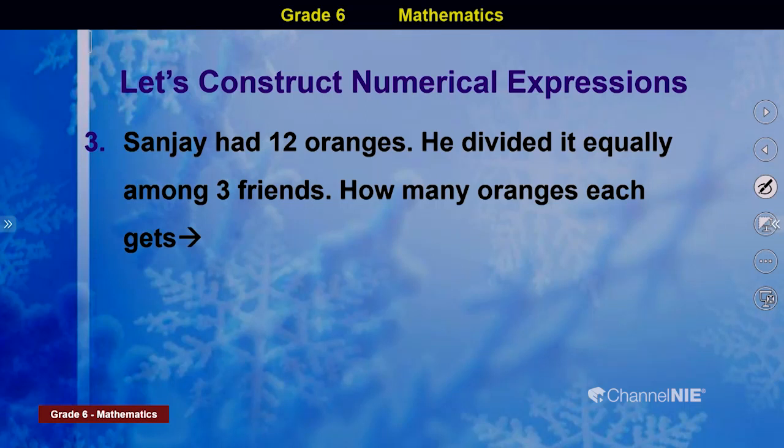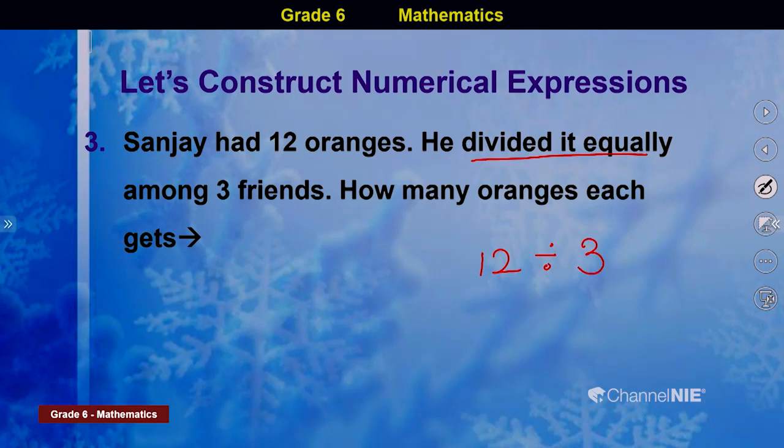Now can you see, children, we have divided equally. Then what is the mathematical operation that we can use? We can use division. So I can write a numerical expression for this. Sanjay had 12 oranges and he divided them equally among his 3 friends.